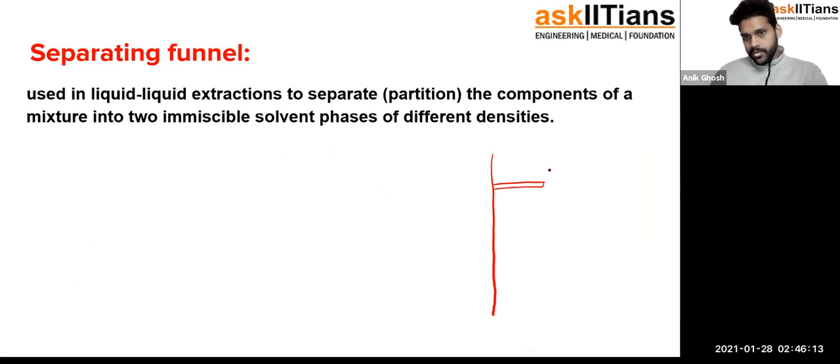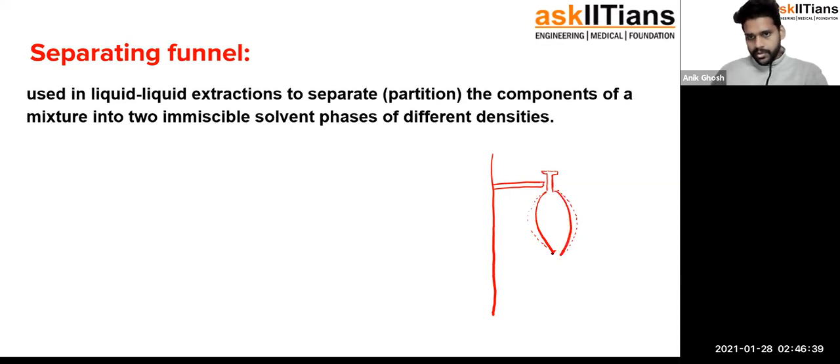This tries to hold it. Let's try to draw it first. This is the face of the separating funnel, from where you are going to put the solution. It looks something like this. A glass. This is made up of glass only. A glassware.